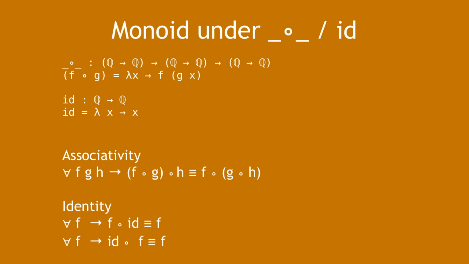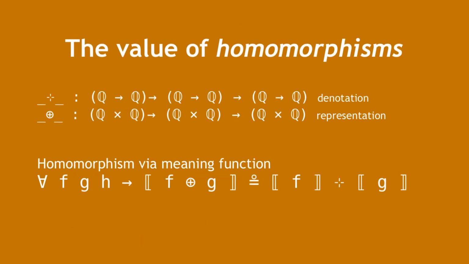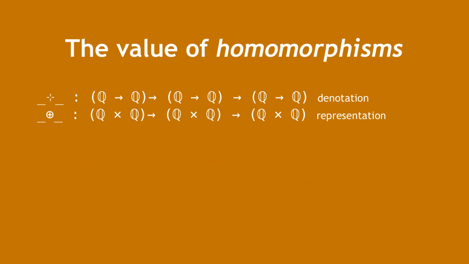Now we come to a key point that is much more powerful than it first appears. For a given mathematical structure, if we define analogous structures on the representation, and also stipulate that there is a homomorphism via the meaning function between the analogous structures and the denotation structures, then we get two things.